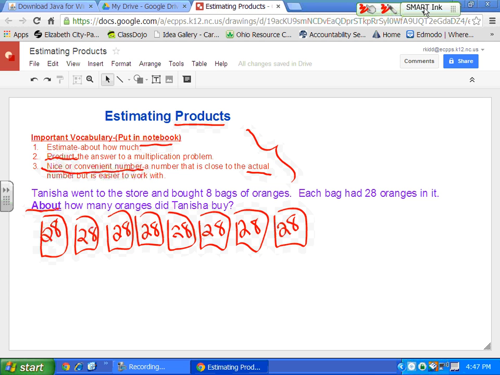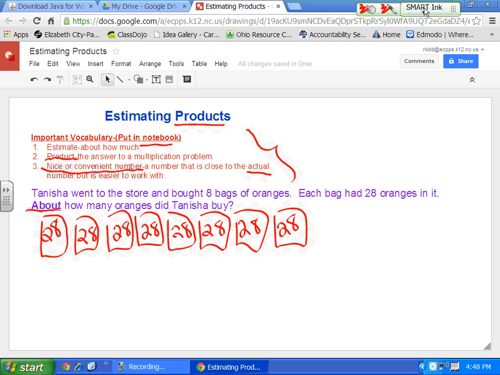And part of understanding the problem is understanding what are we looking for. If we don't know what we're looking for, then we can't find it. So we're looking for how many oranges she bought altogether here. So I could add all these up, but right away I notice that it's the same amount that I am adding together. So a faster way to add all these same groups together is to see how many times that I have to add 28.